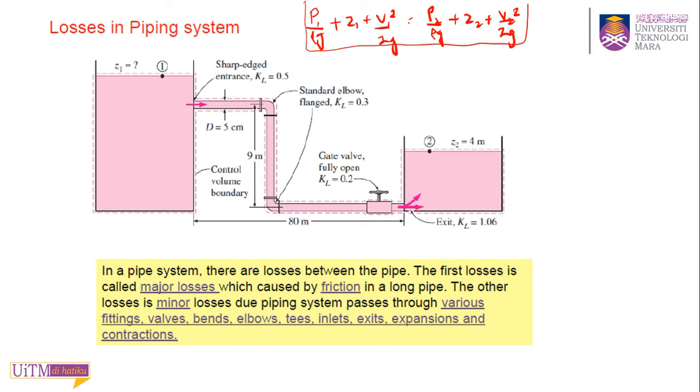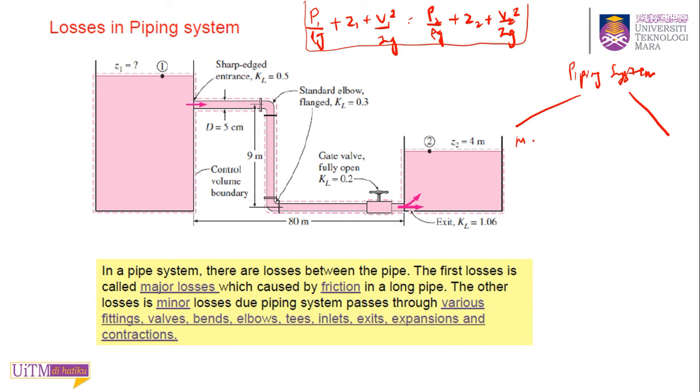In a piping system, there are two losses. I divide just to see clearly. If you write like this, maybe some people like to draw, right? Cannot read a lot of sentences, like me. I also am not that type of person.